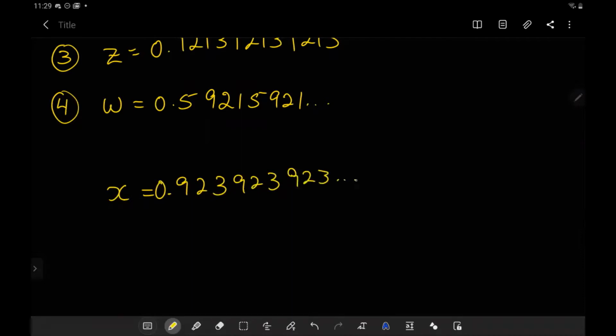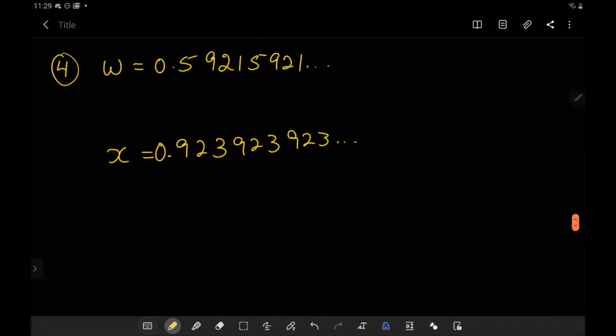0.923923. So what should I multiply by? Where did the first pattern stop? Where did the first pattern stop?